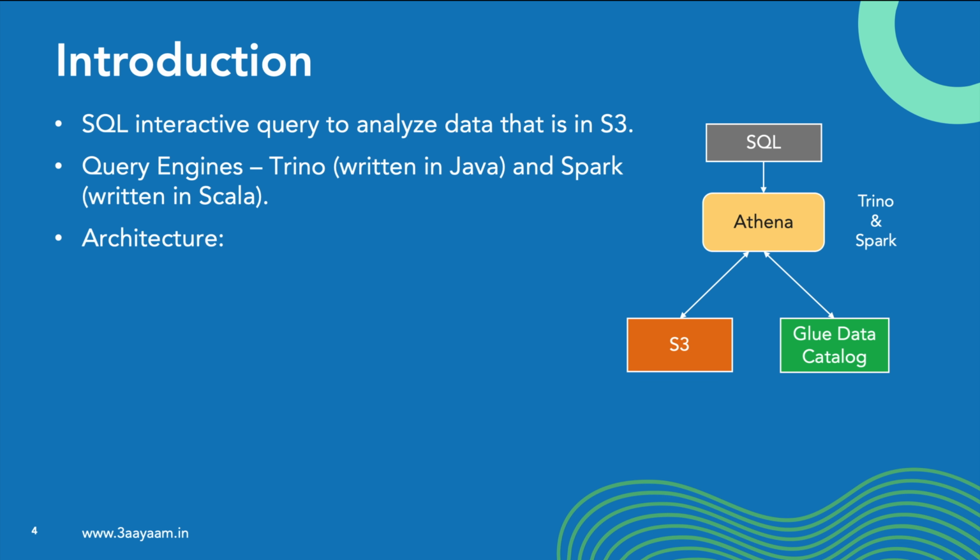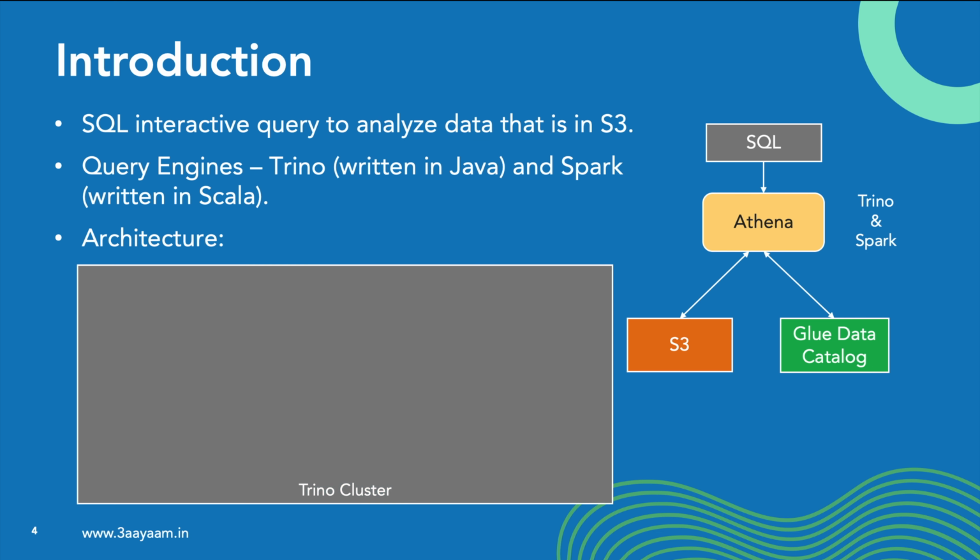Before going further, it makes sense that we understand the architecture of Trino at a very high level. Again, as I said, this is a distributed query processing engine, and it also utilizes MPP or massively parallel processing provided by a Trino cluster, wherein it will have multiple nodes just like a Redshift cluster.